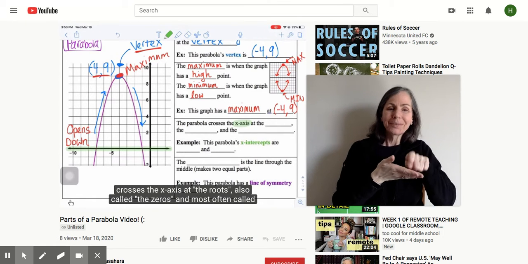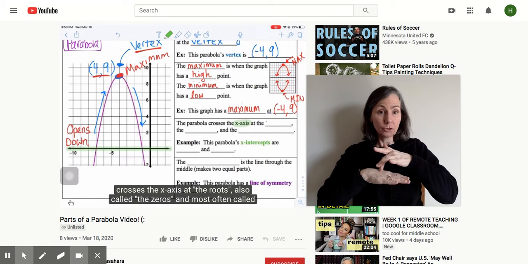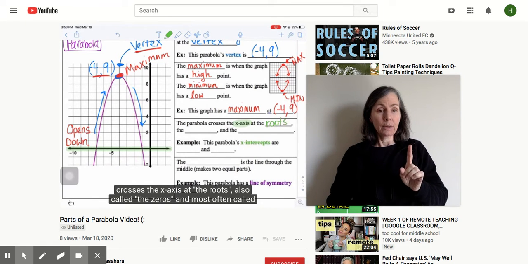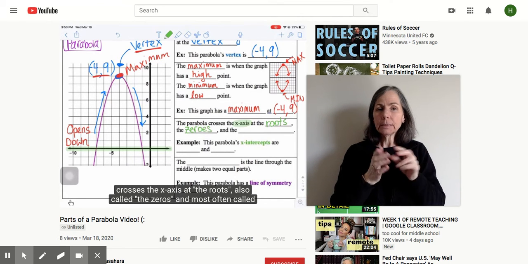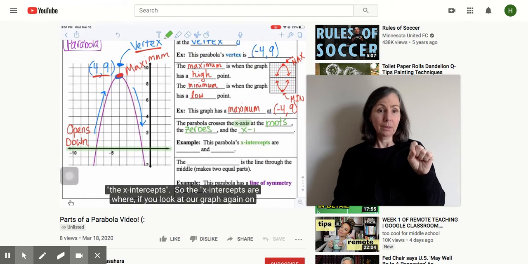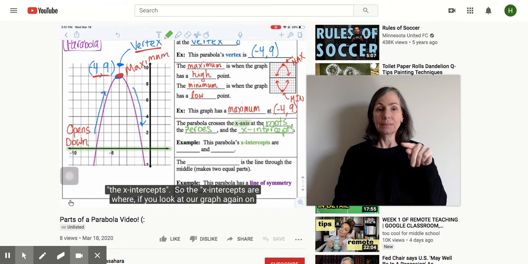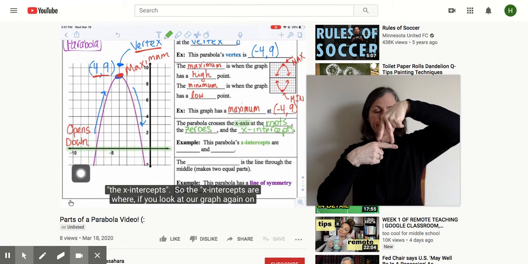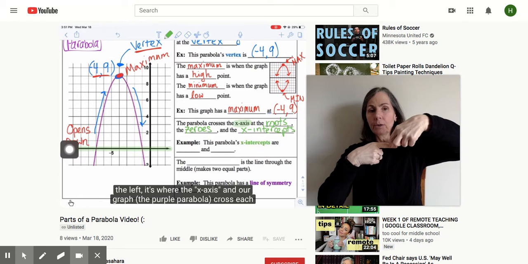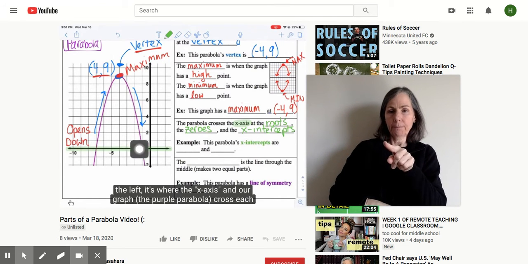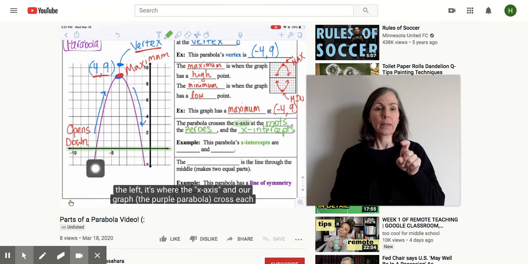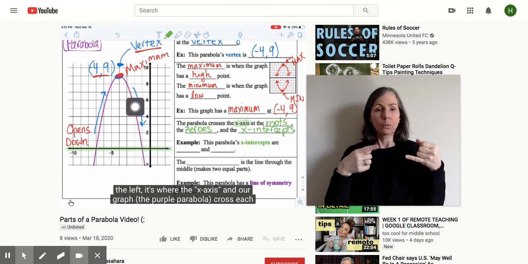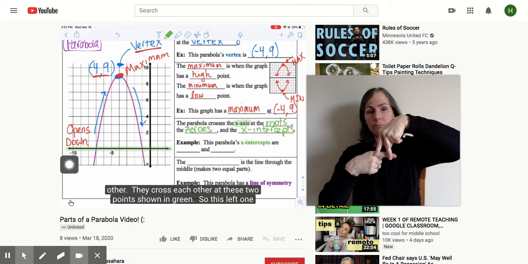The parabola crosses the x-axis at the roots, also called the zeros, and most often called the x-intercepts. So the x-intercepts are where, if you look at our graph again on the left, it's where the x-axis and our graph, the purple parabola, cross each other.